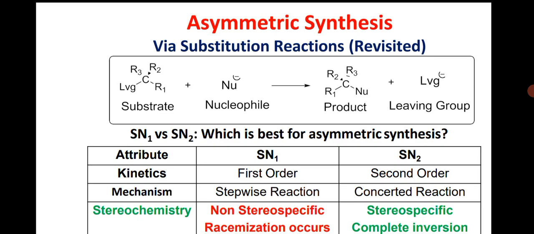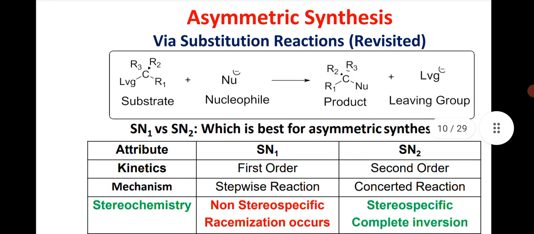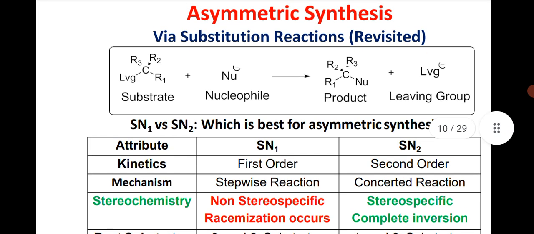Now we will consider the SN1 or SN2 reaction, the substitution reactions involved in asymmetric synthesis, and the different factors like leaving group, their stereochemistry, and nucleophilicity of the nucleophile affecting the SN1 and SN2 reaction during asymmetric synthesis.